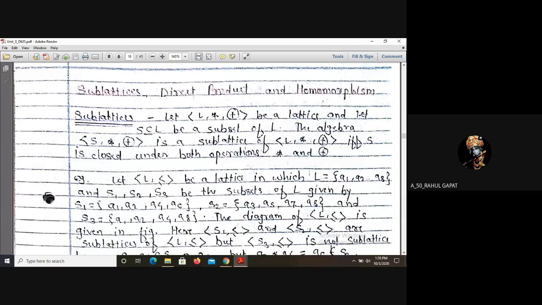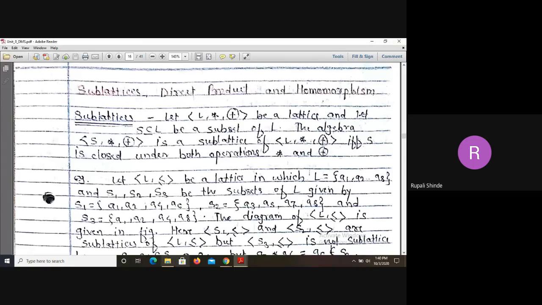If we perform a given operation on a given set, then that element belongs to the given set. So if you perform any operation on any two elements from that set, whatever result we get, that result should be part of that set. Then only we can say that it is closed under that operation.